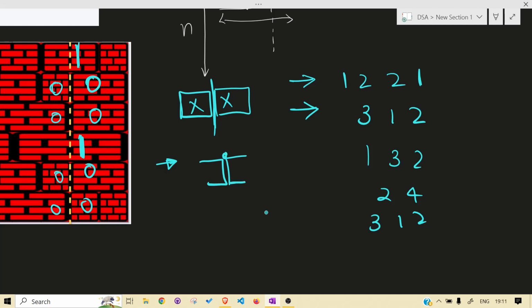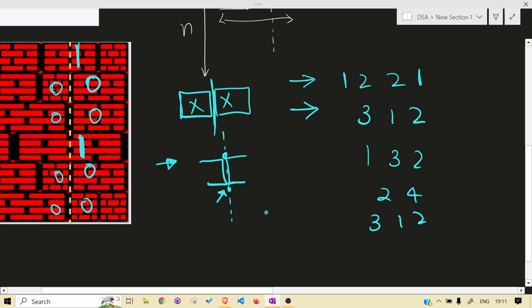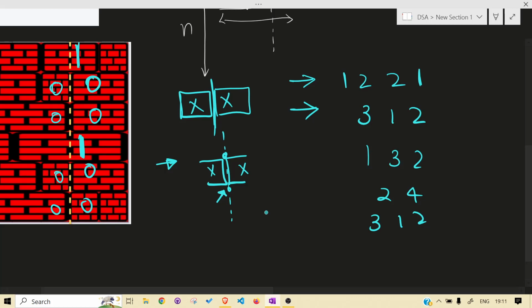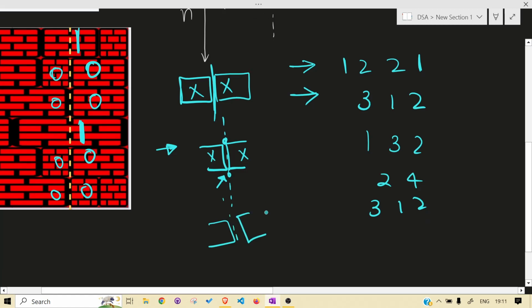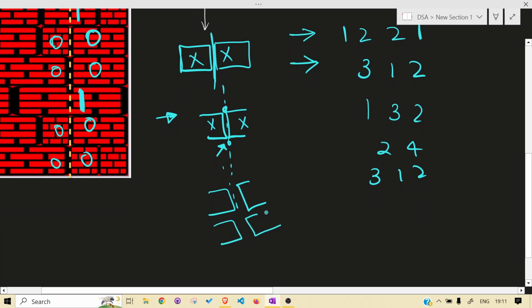Our major concern is this position, because when the line passes through it, it doesn't intersect any of the bricks. So the whole focus should be on getting this position as often as possible. We have to draw a line at the position where as few bricks as possible are intersected.